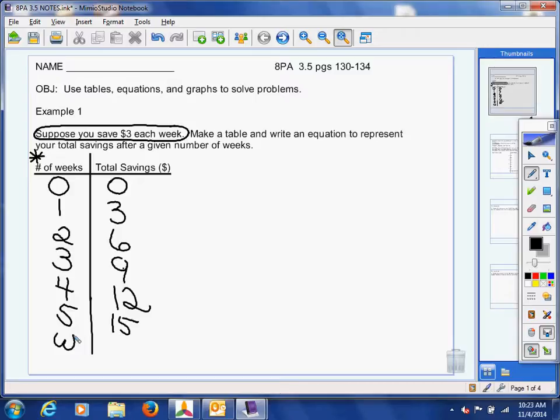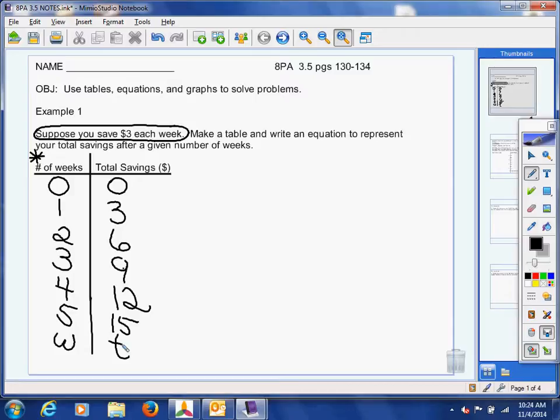So we're tracking number of weeks, and we're going to use W for our variable. And then total savings, because we don't know exactly how much that is, let's just call that T for total savings. I will come back and address the W and the T in just a second. Now, any problems? Did anybody have a problem figuring out the chart and the pattern we were following?